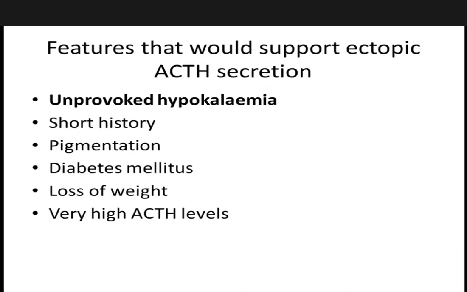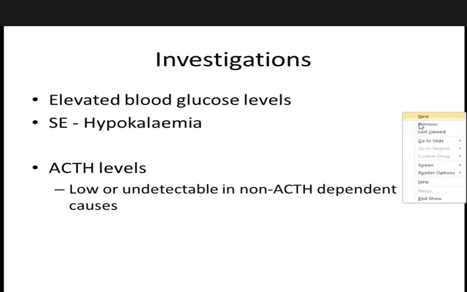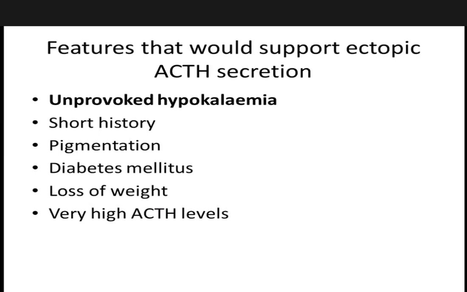So these are the features that would support ectopic ACTH secretion. One is unprovoked hypokalemia. Unprovoked means not due to diuretics and all that. So if the patient is having refractory hypokalemia, if it is difficult to treat, and the patient is having features of Cushing syndrome, the most likely cause would be ectopic ACTH secretion.